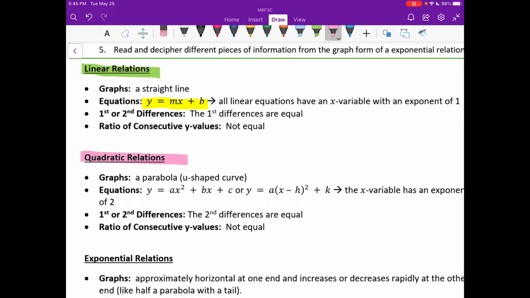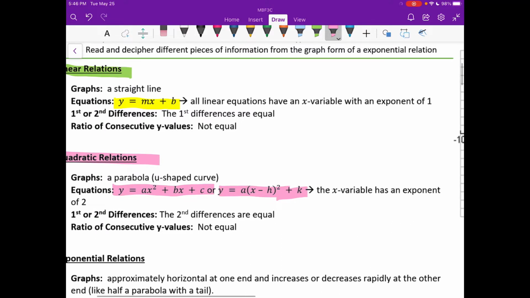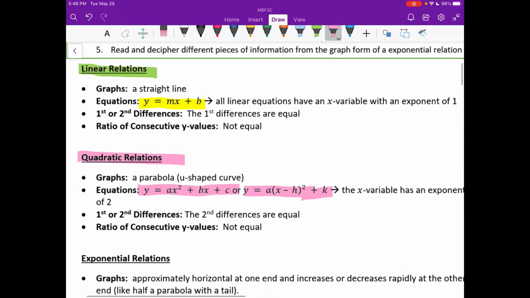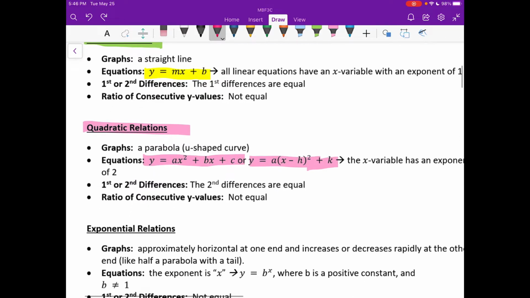The equation was either y equals ax squared plus bx, or in vertex form, y equals a(x minus h) squared plus k. In this situation, the highest degree of this function is 2, the highest x has a 2 on it, and in the linear one it's 1. With quadratic relationships, the second differences are equal and the consecutive y ratios are not.